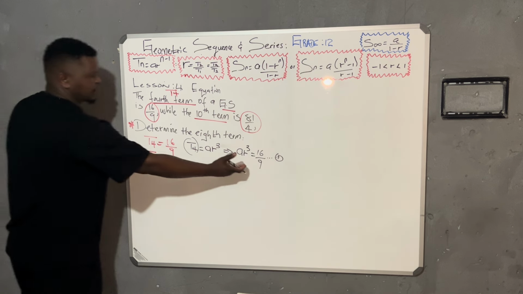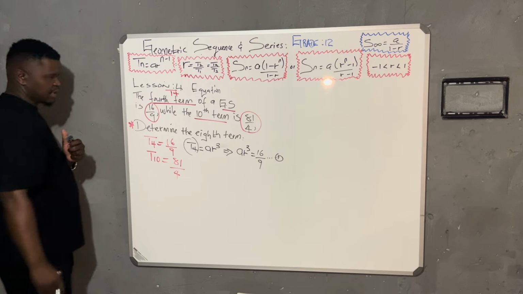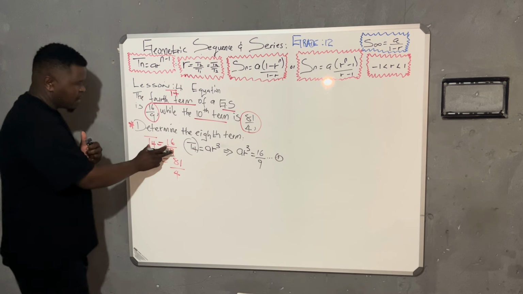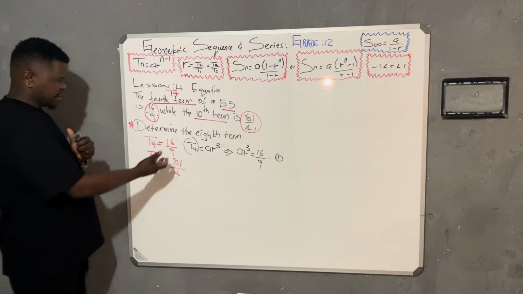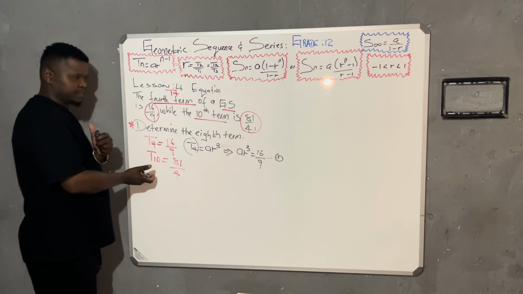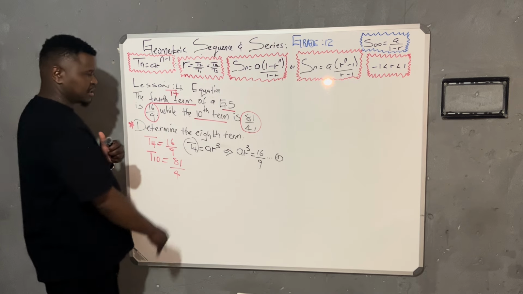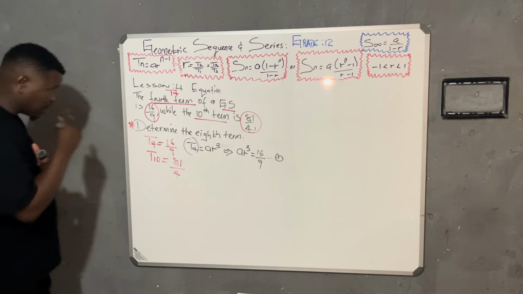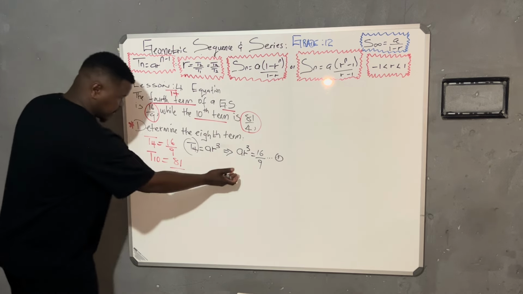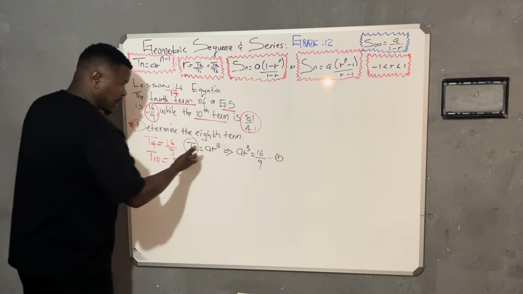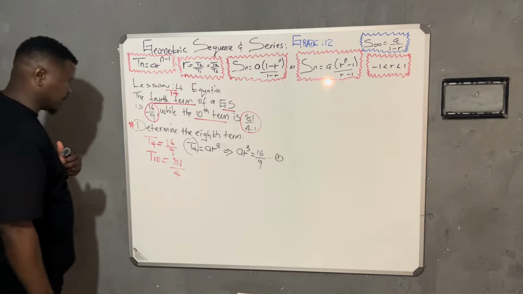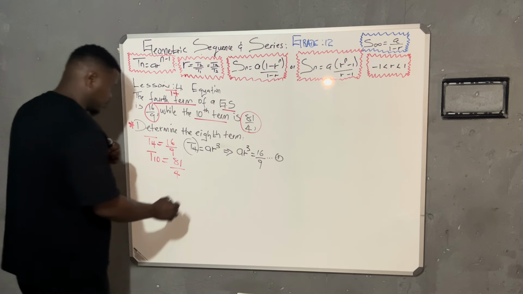I created this by consulting the general formula using what I'm given. I'm going to do the same with this one. Monkey see, monkey do. I can create this one by just looking at the first equation.